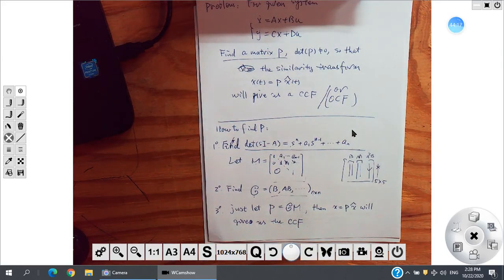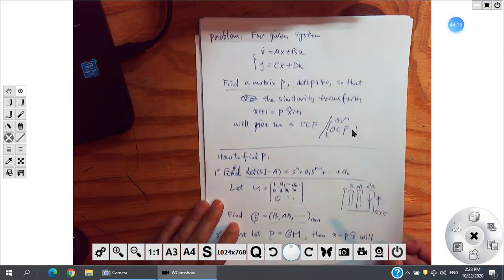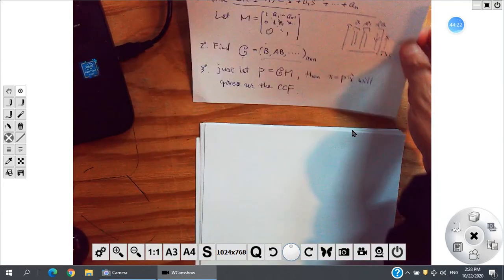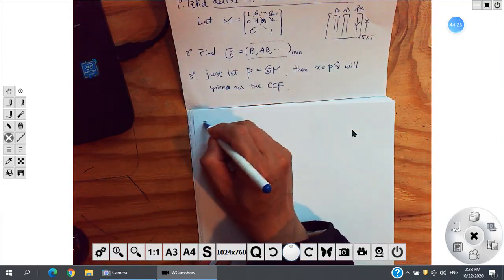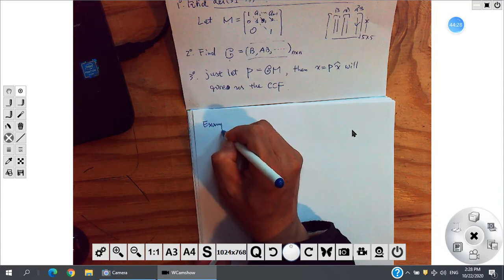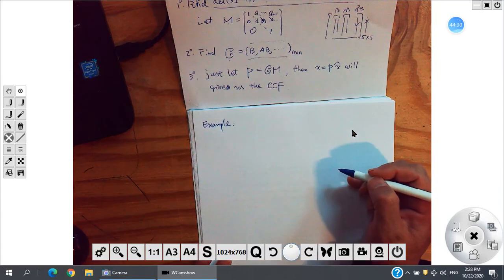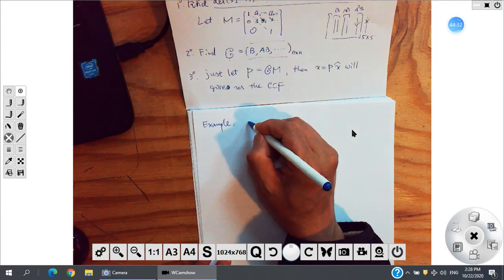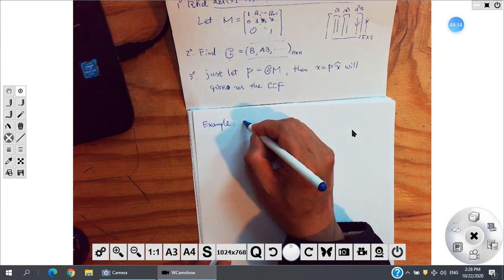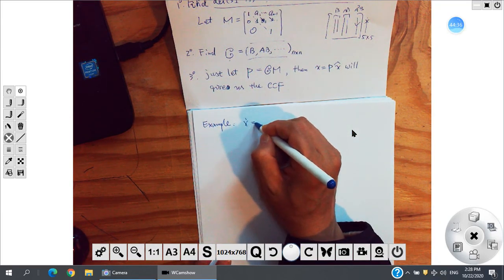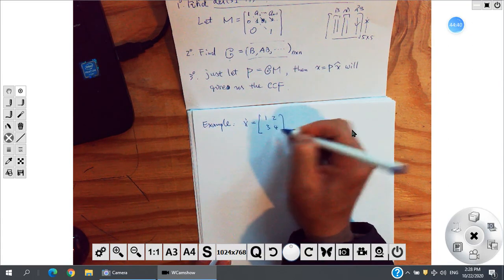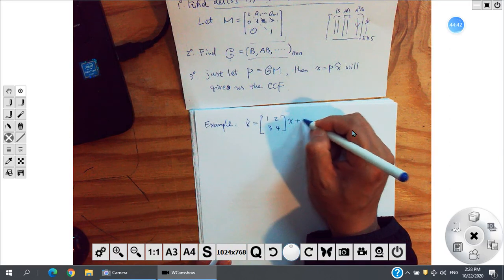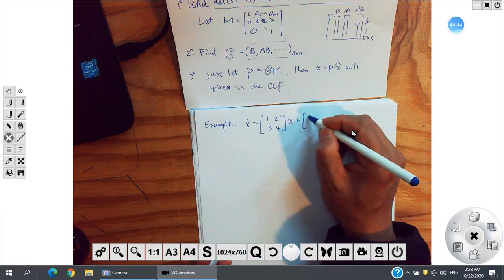Alright, we can do an example. Suppose we have a system with the matrix X dot equal to A times X plus B. A is 1, 2, 3, 4. B is 1, 2.